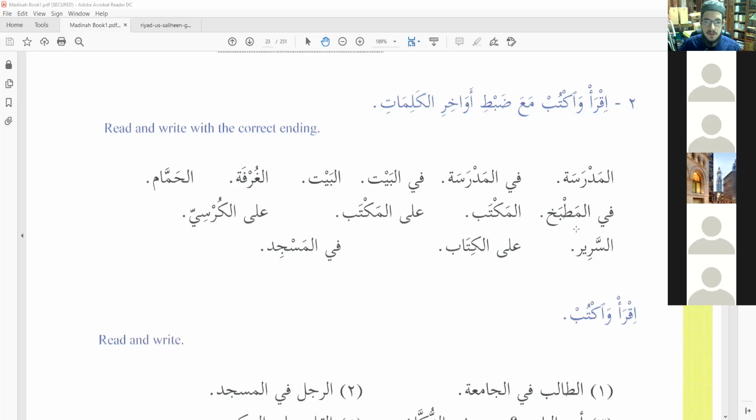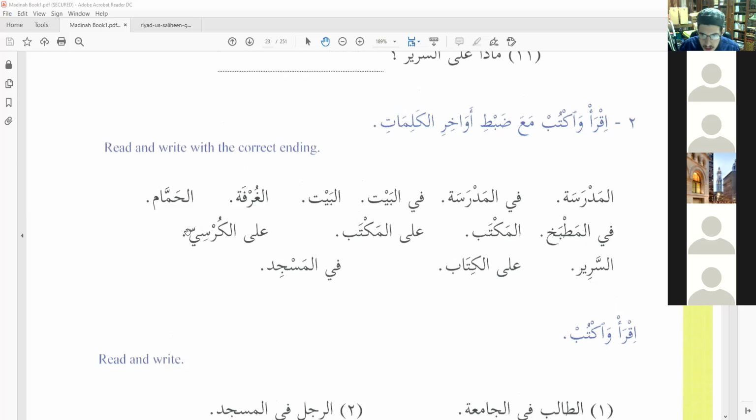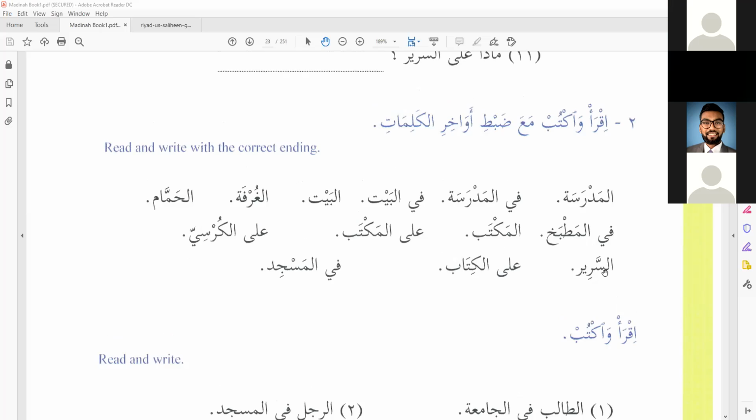Fil hammami. Fil matbaqi. Yes, very good. In the kitchen. Excellent. Moving down, we have Brother Sa'id. This one right here. If he's with us.